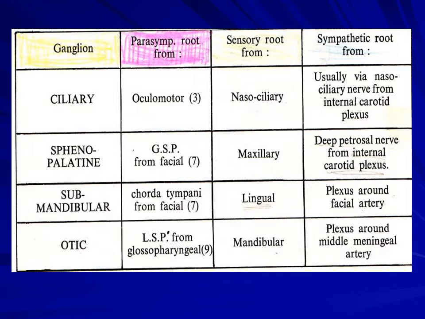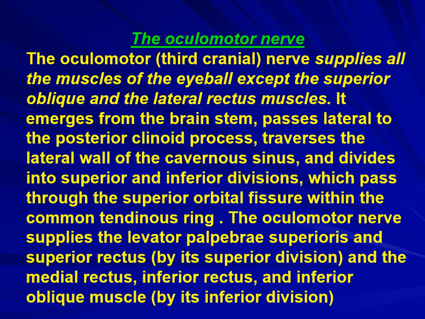So this is the ciliary ganglion: the parasympathetic root coming from the Edinger-Westphal nucleus of the third cranial nerve, the sensory root from the nasociliary nerve, and the sympathetic root through the nasociliary nerve, ophthalmic division of the trigeminal, coming from the internal carotid.